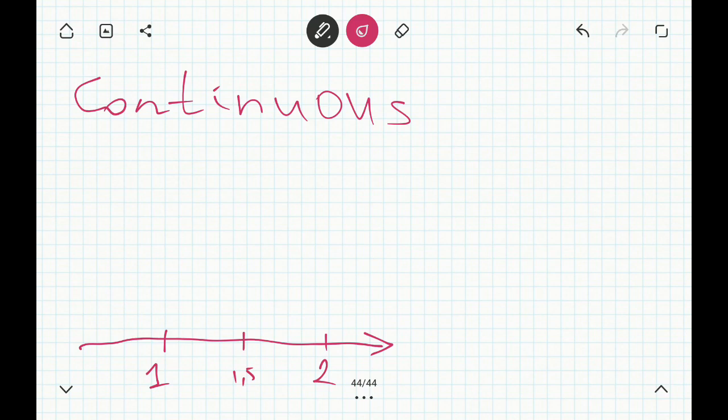Sure you can. Can you come at 1:15, which is 1.25? Again, you can. And you can even come at the moment that corresponds to something like 1.8734 and so on.